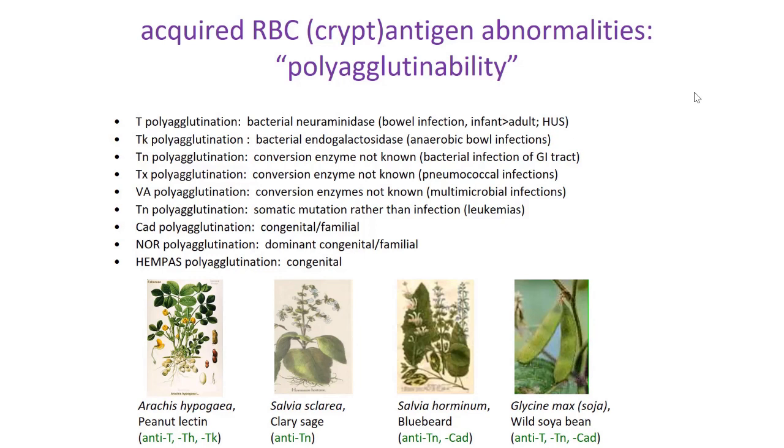GalNAc, N-acetylgalactosamine, has its N-acetyl group clipped off by the deacetylase elaborated by Clostridial infection. That converts GalNAc into galactosamine, which looks enough like galactose to interact with anti-B or galactose-specific isoagglutinins inherent to a group A person's plasma.